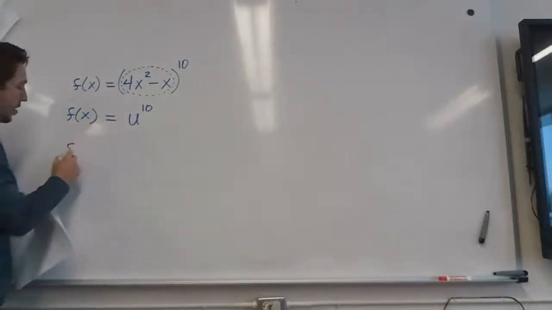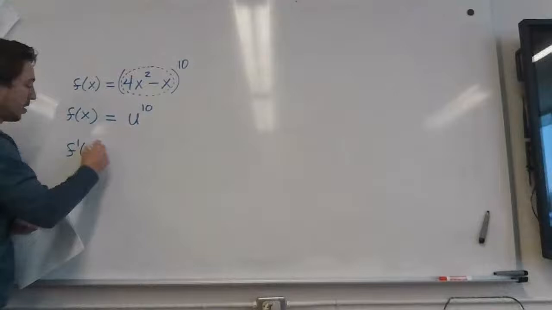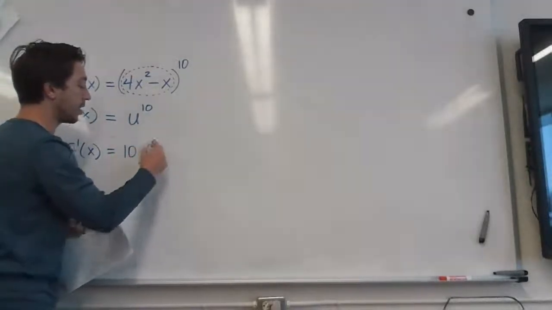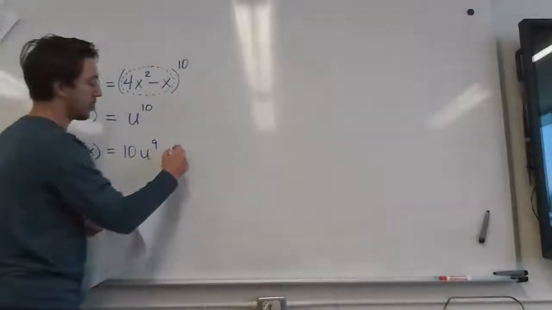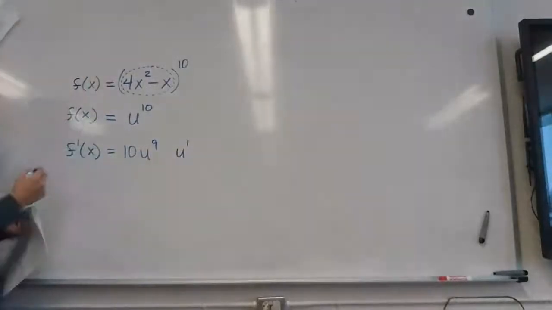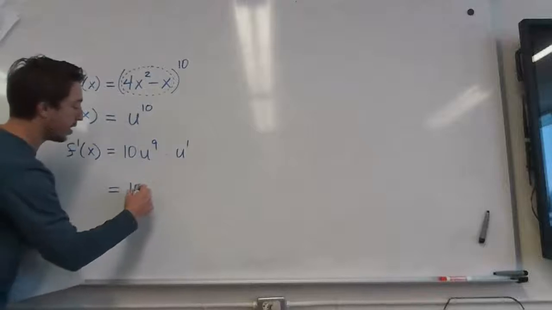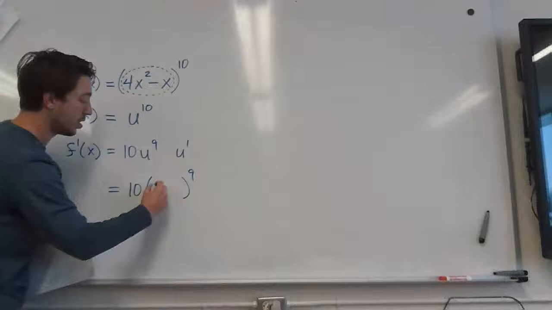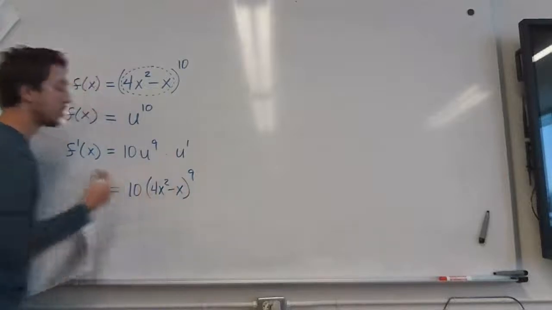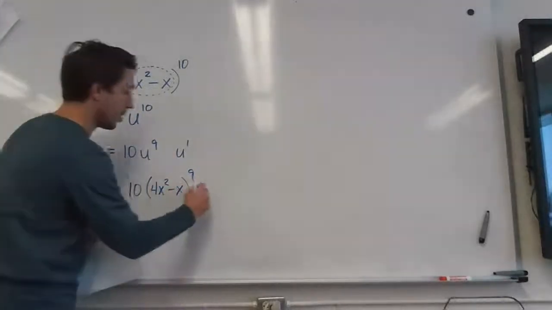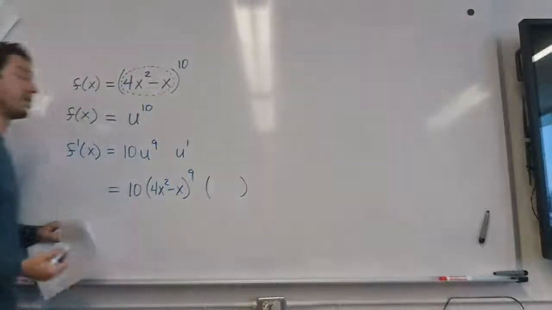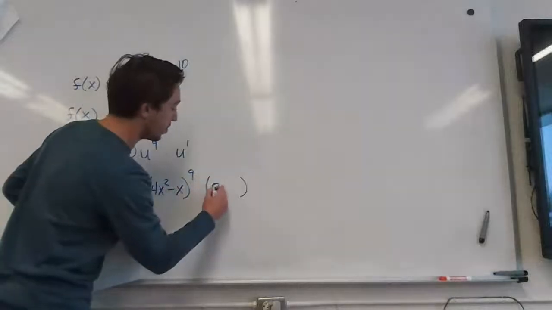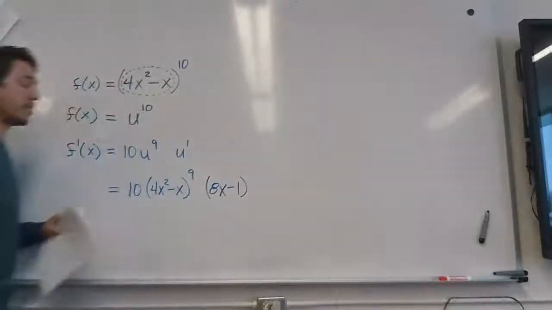And then I say, well, the chain rule says that the derivative of this would be 10u to the 9th, and I just have to multiply that by u prime. So I have 10u to the 9th multiplied by, notice the parentheses, u prime, which is 8x minus 1.